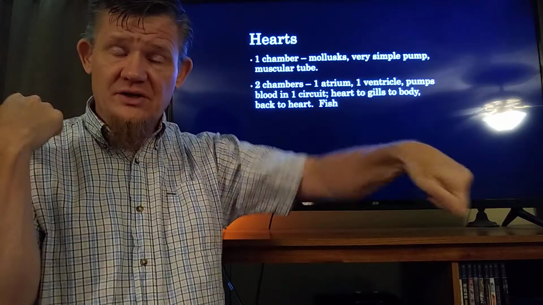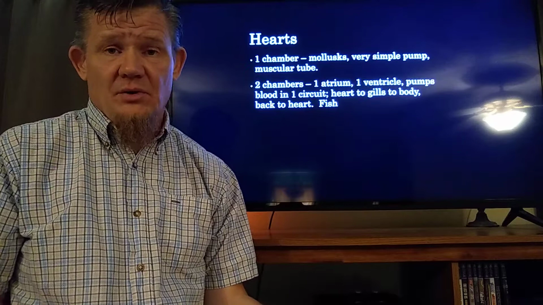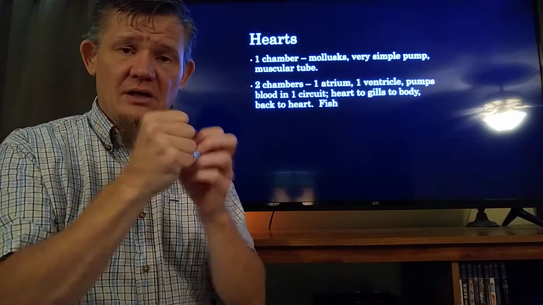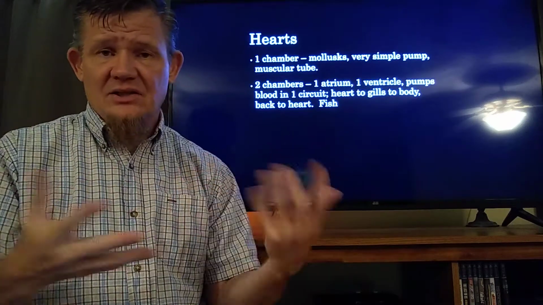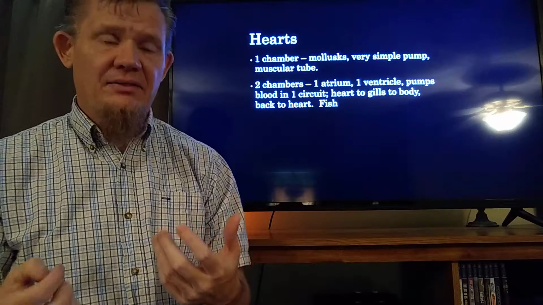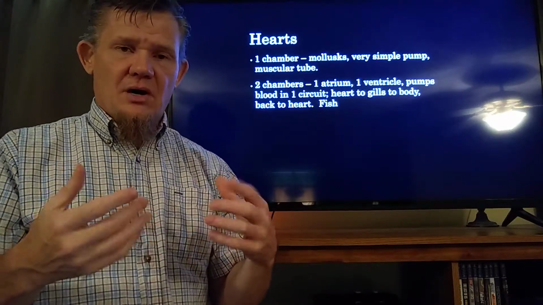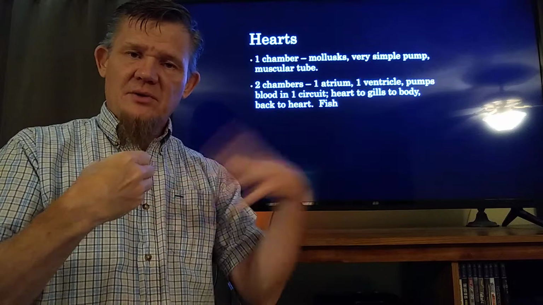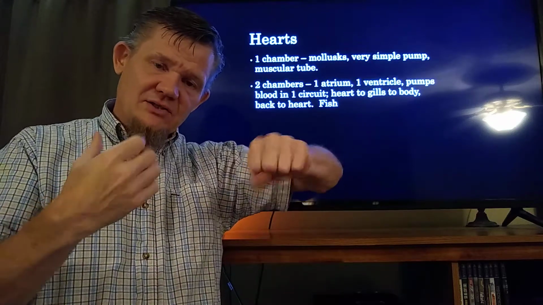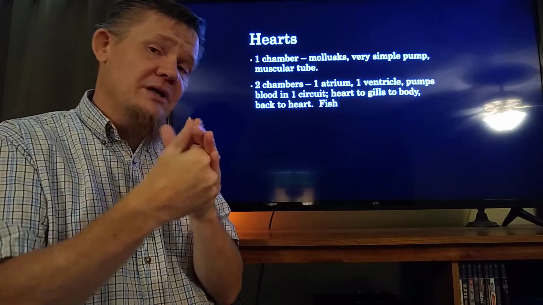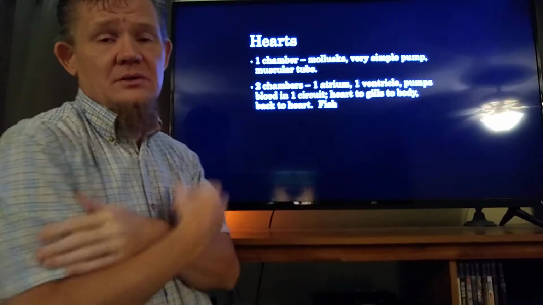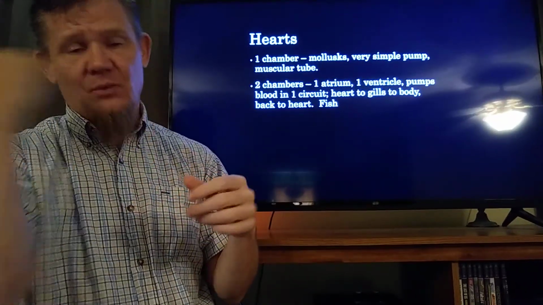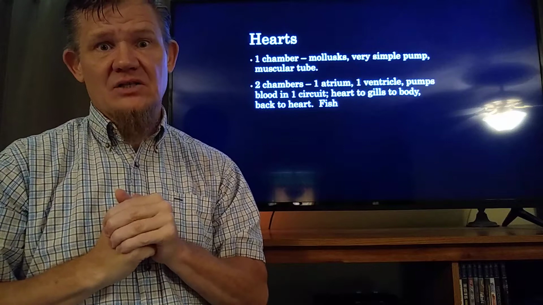When a one-chamber heart beats, it just pushes blood in both directions. It doesn't have a preferred path. With the two-chamber heart, when the ventricle contracts, it closes that door and the blood can only go out towards the body. It can't go backwards the way it had just come from.